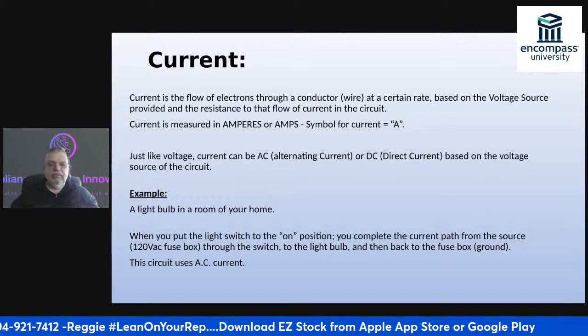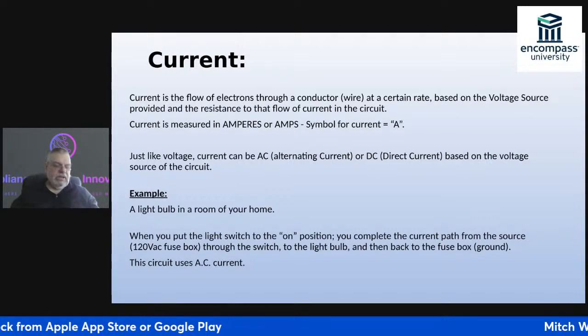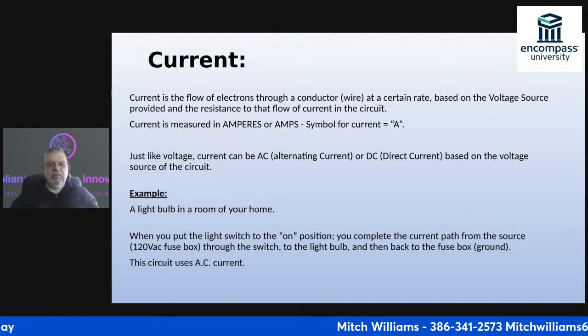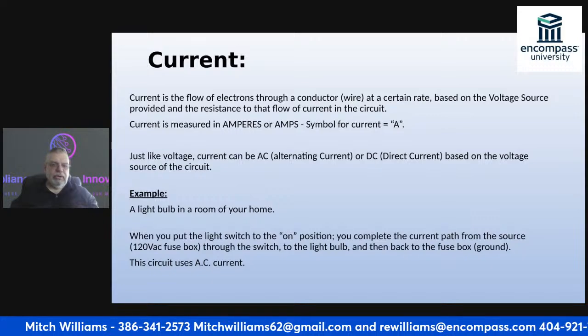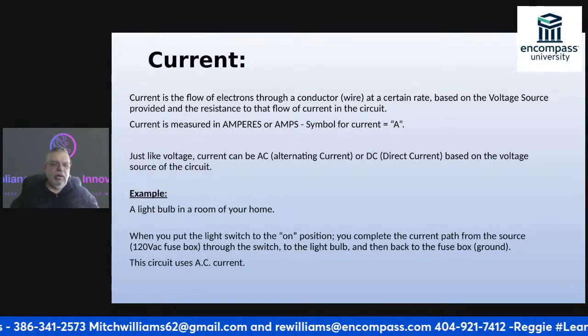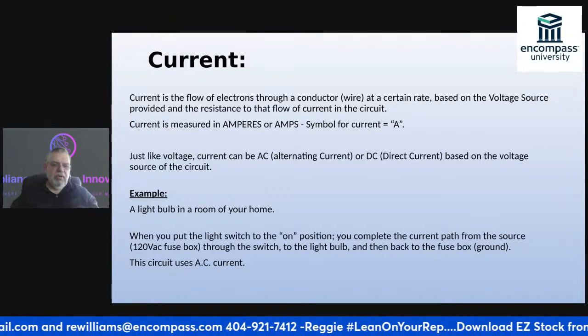Amperes is the long way to say it; everybody that I know says amps. The symbol for current is the capital A. Just like voltage, currents can be AC or DC based on the voltage source in the circuit. An example of AC would be a light bulb in your room.